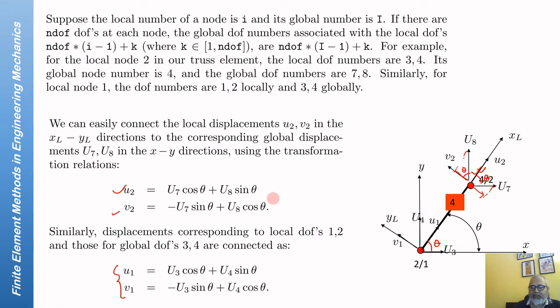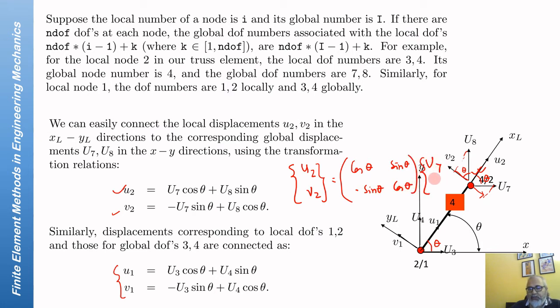So these are the transformation relations, and now we can write each transformation relation as U2 V2 is equal to the matrix cos theta sin theta, minus sin theta cos theta, times U7 U8.